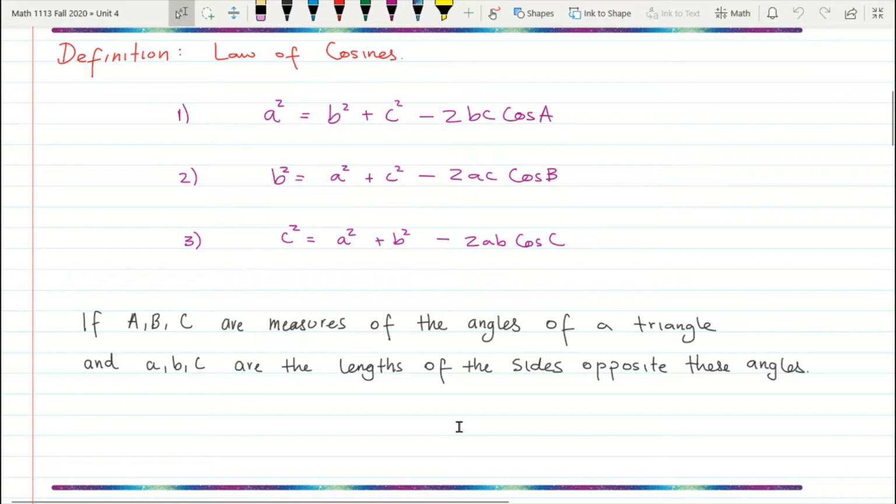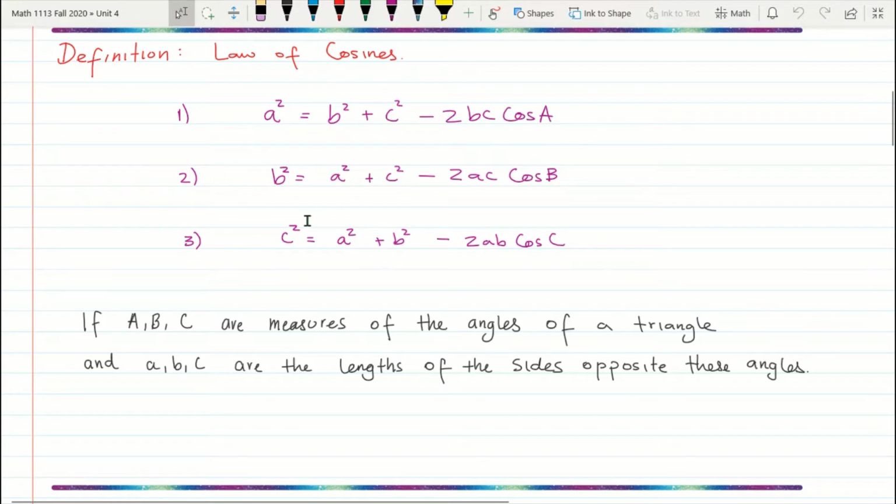The first one is a squared equals the length of b squared plus the length of c squared minus 2 times the length b, length c, times cosine of angle A. You see this relationship throughout the three different formulas: the side squared on the left side of the equal sign is the same one that has its angle inside the cosine function.